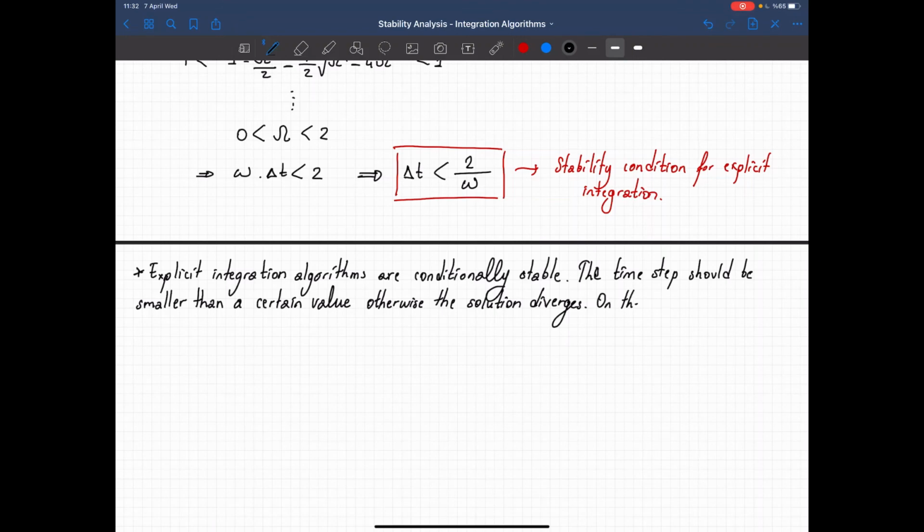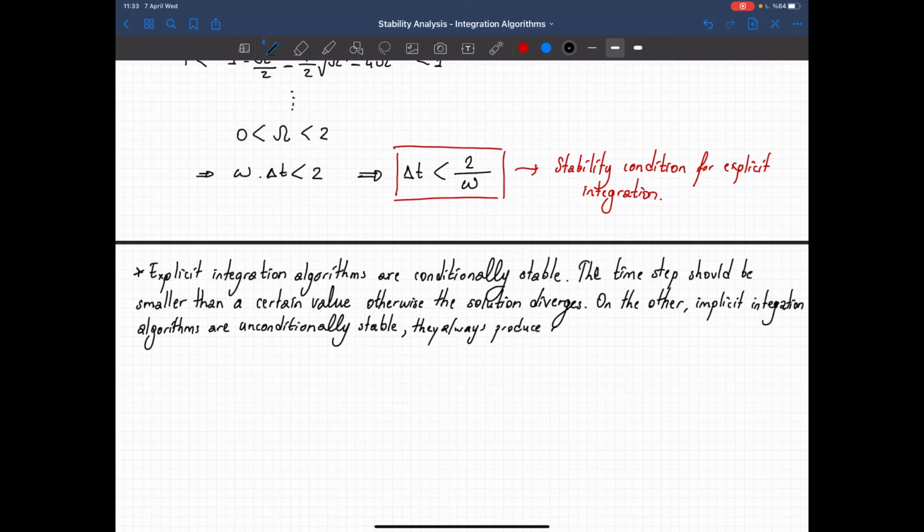On the other hand, implicit algorithms are unconditionally stable. They always produce results with any time step.